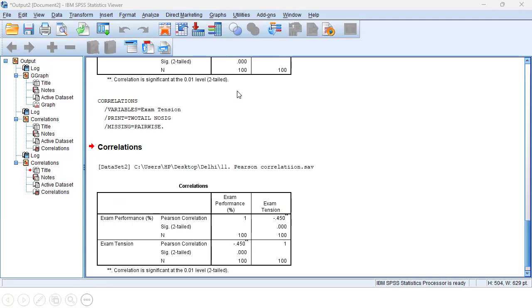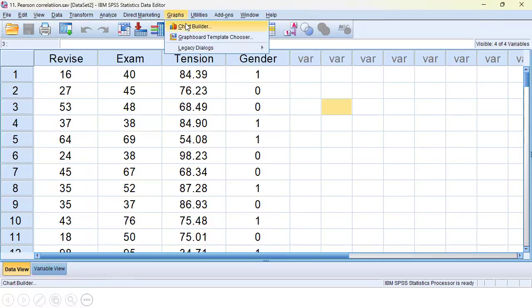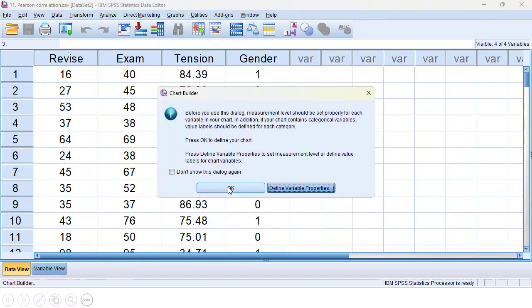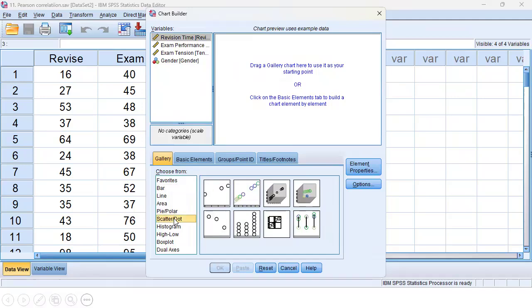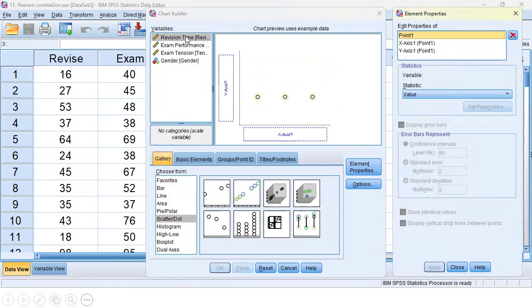Now if we draw the graph also through a scatter diagram, we can understand the nature of the relationship between the two variables. So here scatter plot, double click, simple scatter.